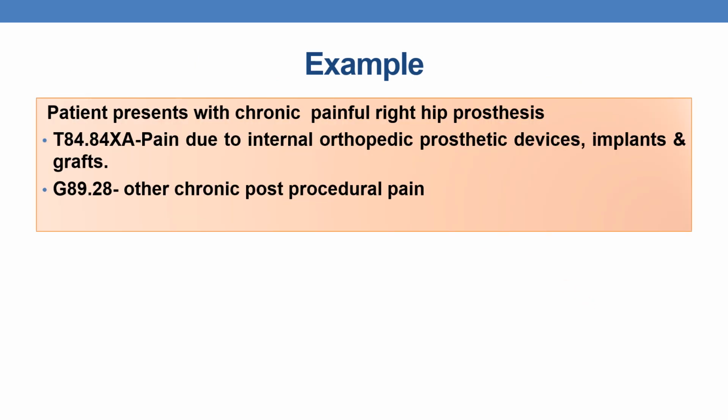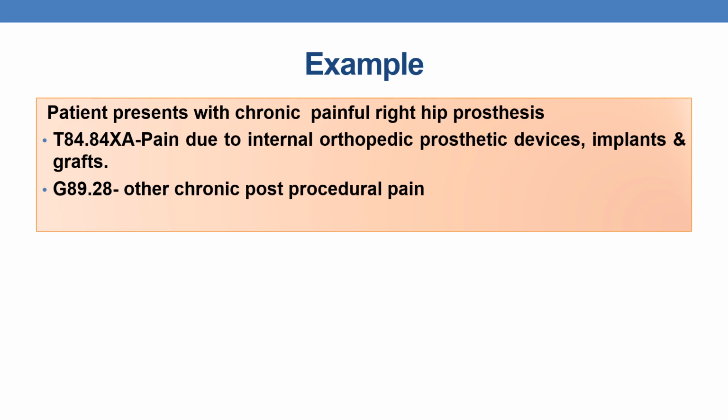Now let us see an example. Patient presents with a chronic painful right hip prosthesis. Here the patient is having chronic pain due to a right hip prosthesis, that is an implant. So the first code would be T84.84XA, pain due to internal orthopedic prosthetic devices, implants and grafts, followed by G89.29 other chronic post-procedural pain.